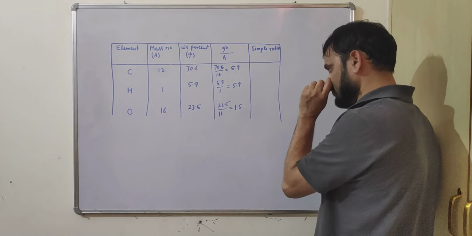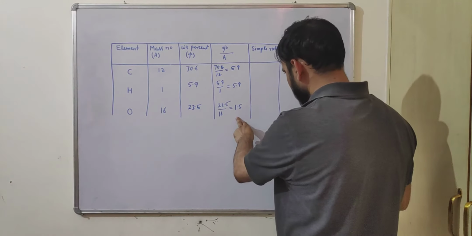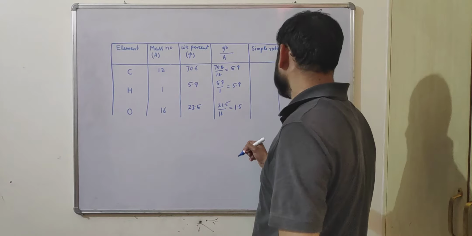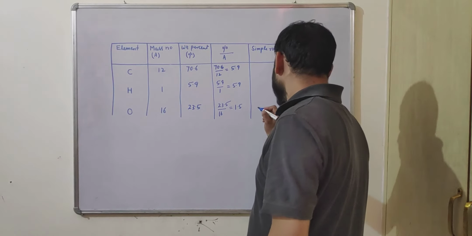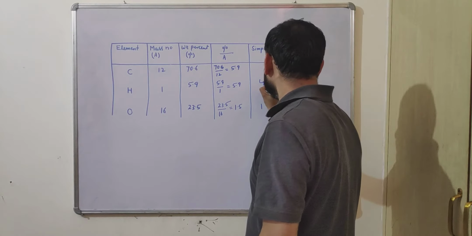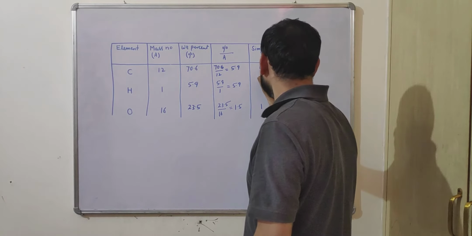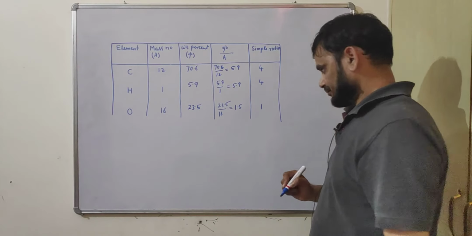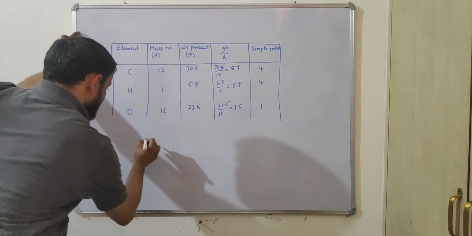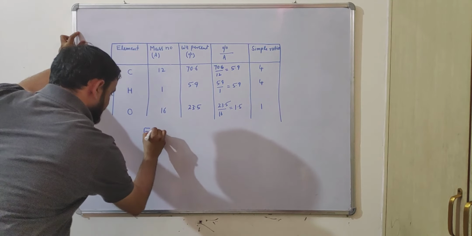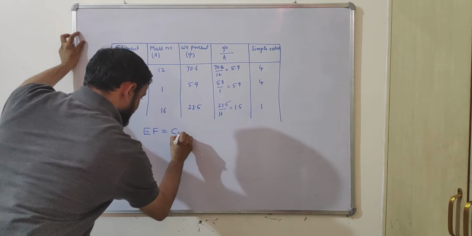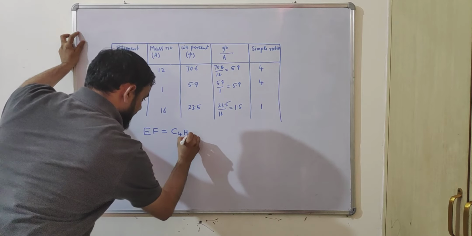So the simple ratio we can get by dividing these numbers by 1.5 across the column. So after dividing by 1.5, these values will be 1, 4 and 4. Thus, the empirical formula of the compound X will become C4H4O.